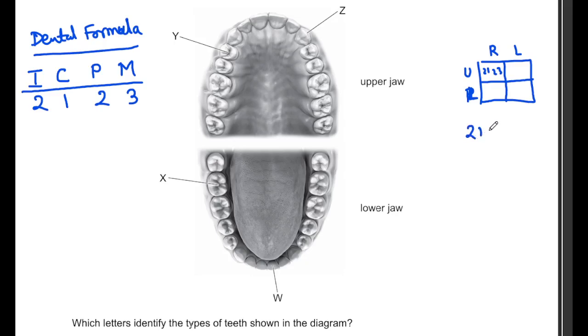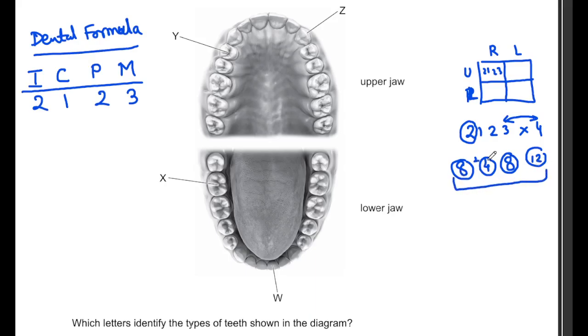If I multiply 2, 1, 2, 3 by 4, then 4 into 2 we get 8 incisors, 4 into 1 we get 4 canines, 4 times 2 we get again 8 premolars, and 4 times 3 you get 12 molars. When I add all these up, you get 32. That's the dental formula, representing 32 teeth in the mouth.